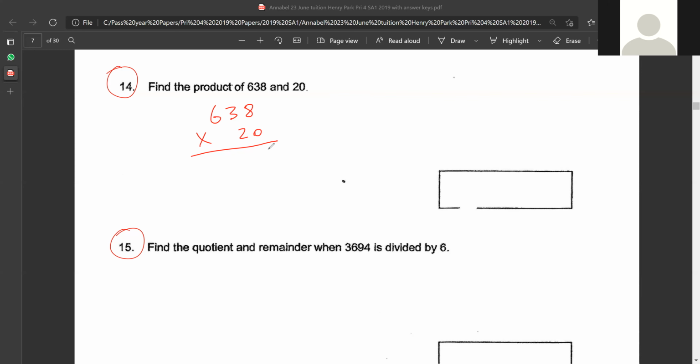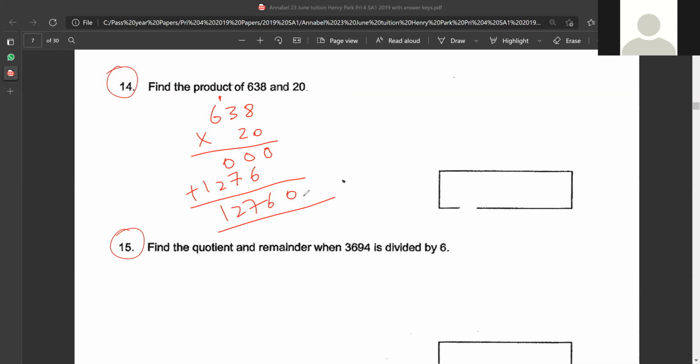Then at the bottom, write 638. 8 times 0 is 0. 3 times 0 is 0. 6 times 0 is 0. 8 times 2 is 16. Then 3 times 2 is 6, plus 1, 7. And here, 12. You have 12,760. This is the product.